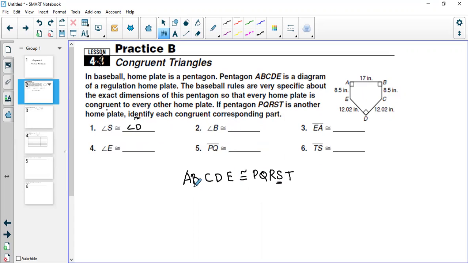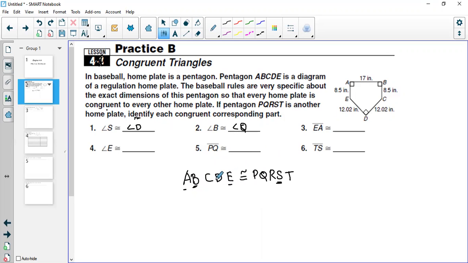Next is angle B. So the corresponding angle for angle B in this pentagon is angle Q. Just in place of that letter in the other figure, what will be the letter? You just need to find that out. Segment EA.